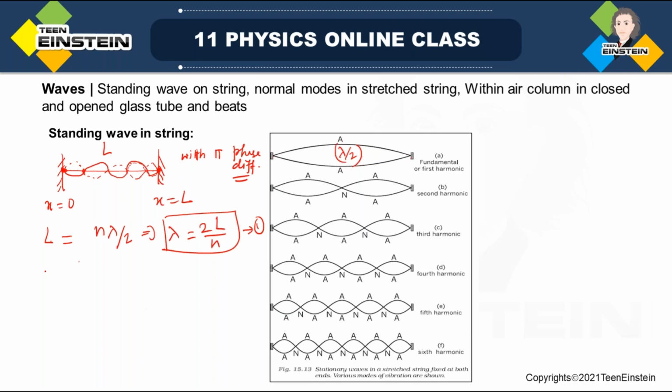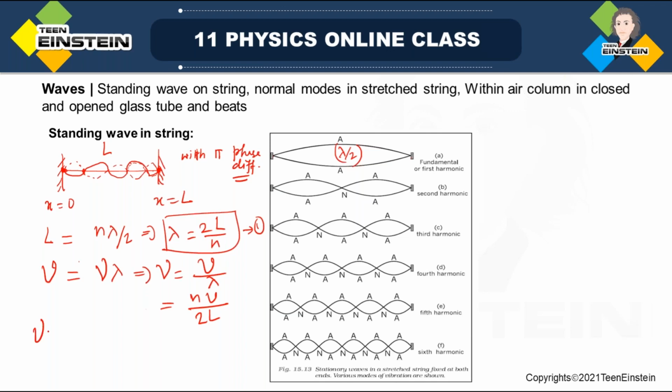Now we know speed of any wave is equal to nu lambda. So from here we can find out nu. Nu will be v by lambda. Lambda is 2L by n, so this is in the denominator, and n will go in the numerator.